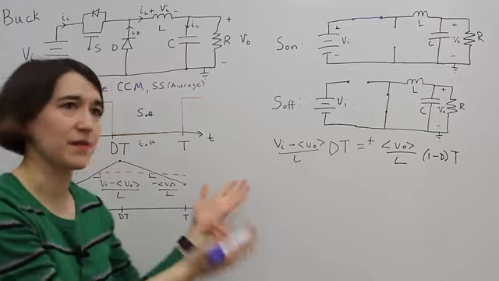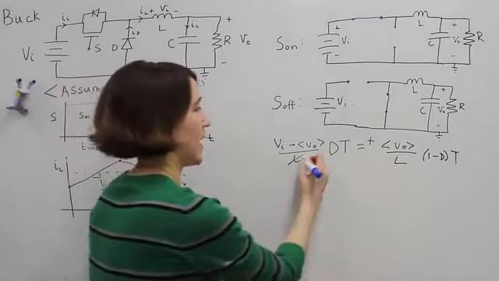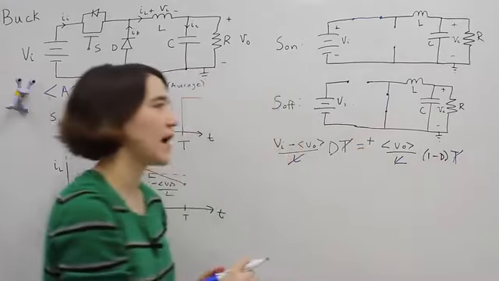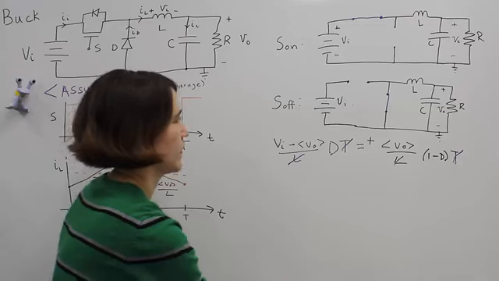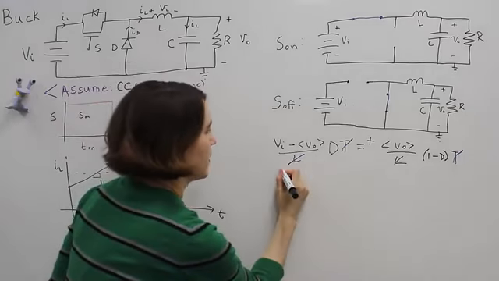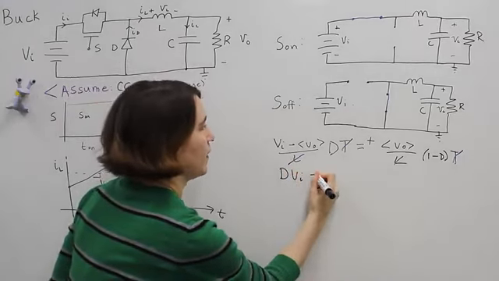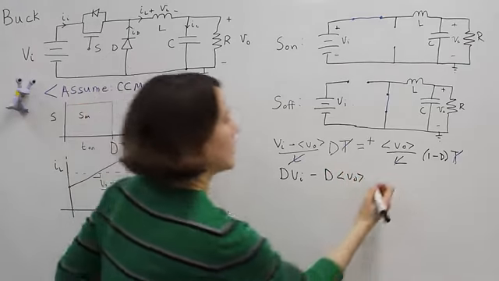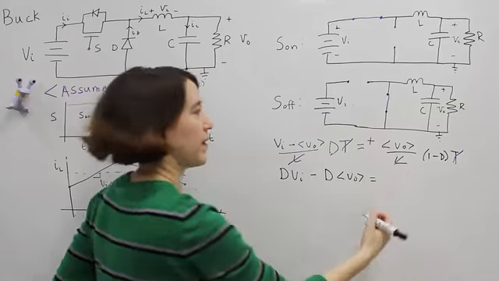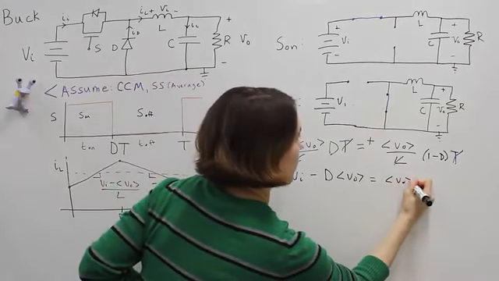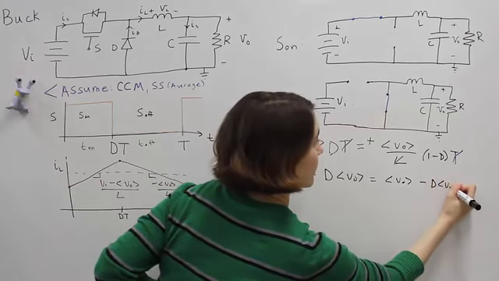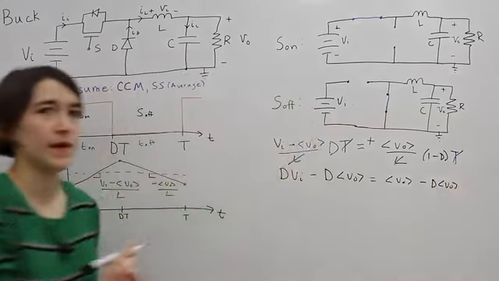We can cross out some similar values on both sides. We see L is on both sides. We see T is on both sides. And now let's expand these equations. So multiply D out. So we have D times V in, minus D times the average value of V out. This is equal to, multiplying these out, average V out minus D times the average V out value. Okay?